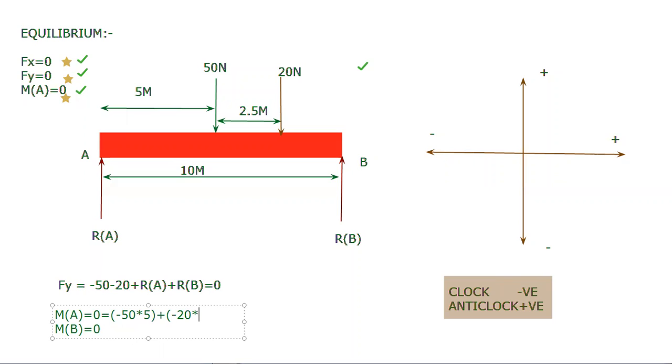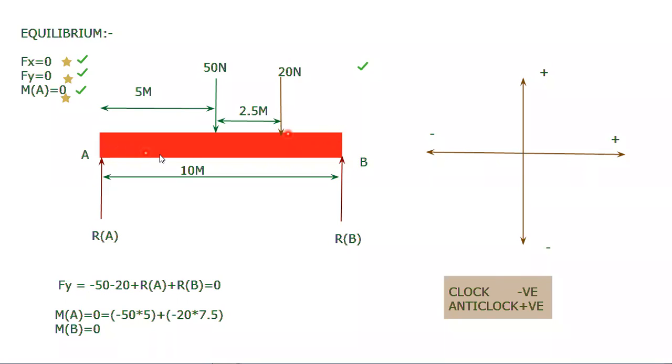Minus 20 multiplied by 7.5. Now your next force is RB.